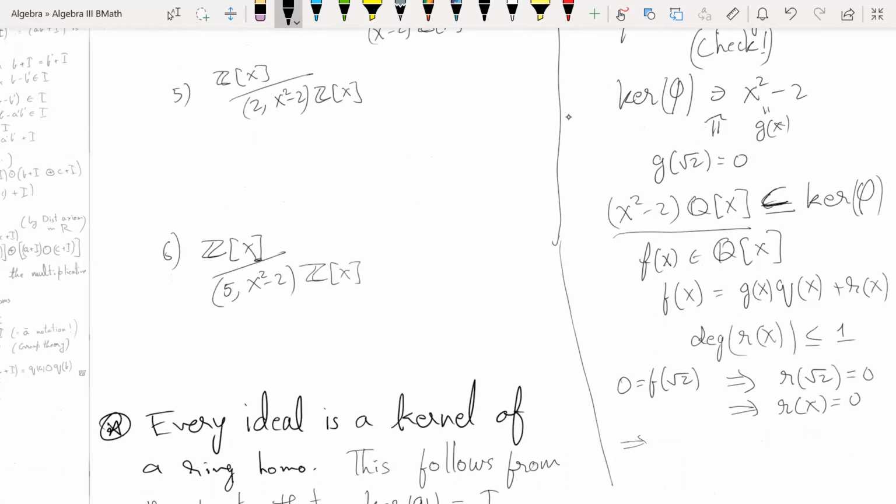So this implies the kernel of phi is the ideal generated by x squared minus 2, that is, (x squared minus 2) times Q[x].